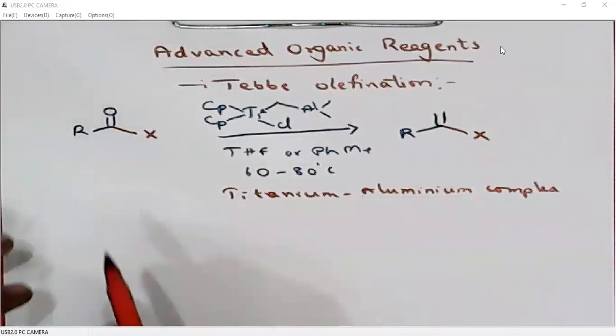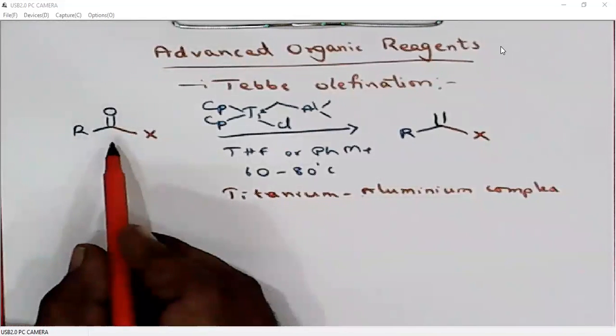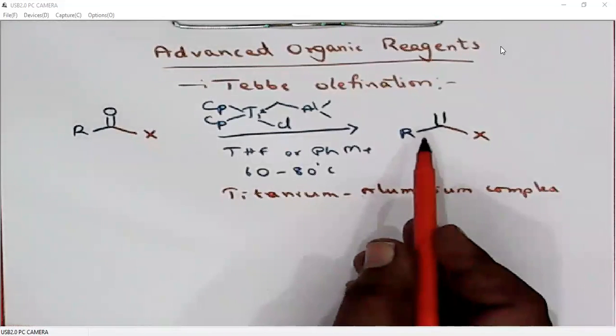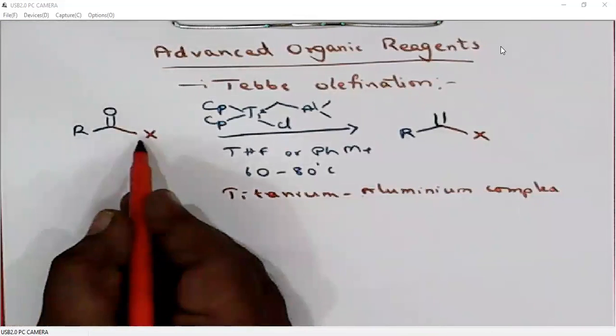Now, I said any carbonyl can be converted into an olefin. What is the X?